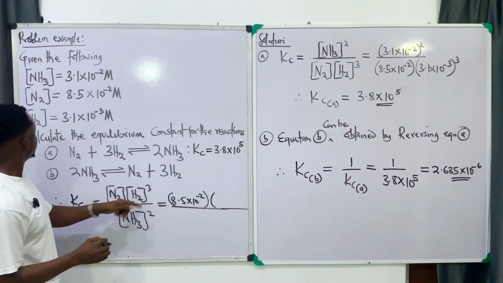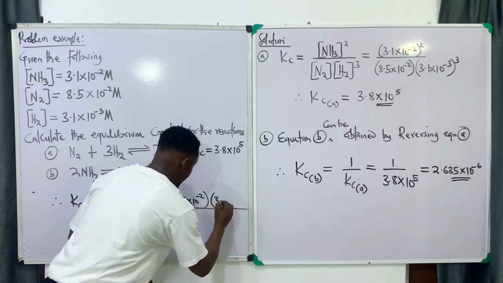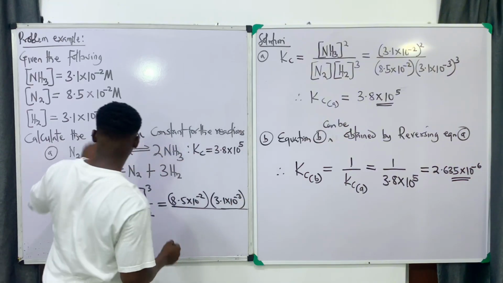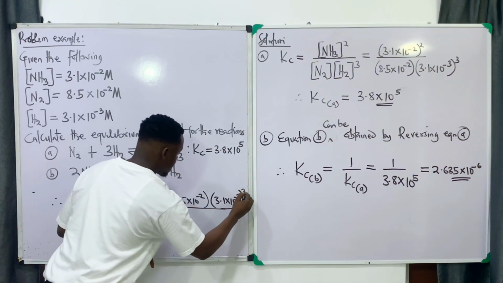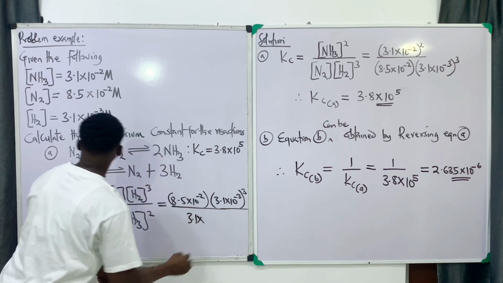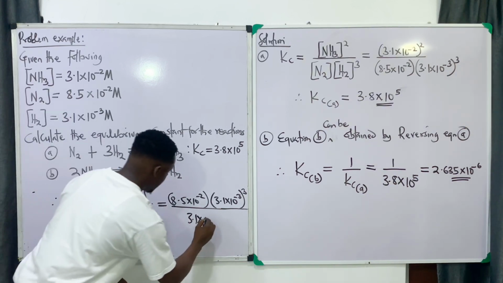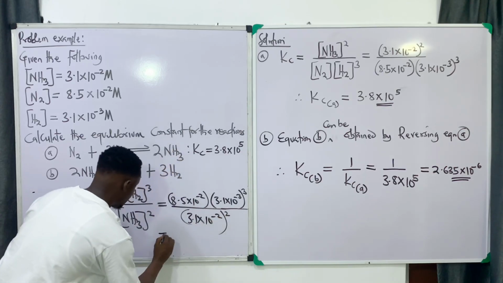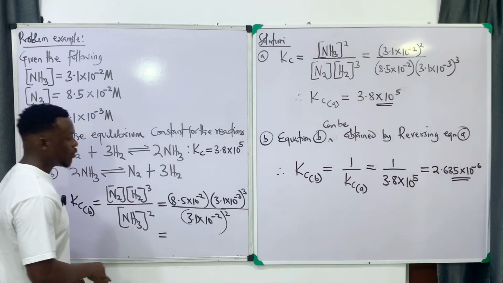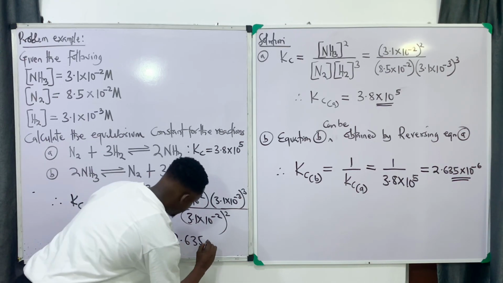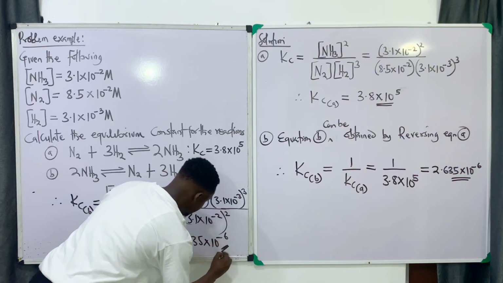What's the value of hydrogen? 3.1 times 10 to the power of minus 3, all raised to the power of 3. Ammonia is 3.1 times 10 to the power of minus 2, all raised to the power of 2. Class, when you press your calculator, you're still going to get 2.635 times 10 raised to the power of 6.